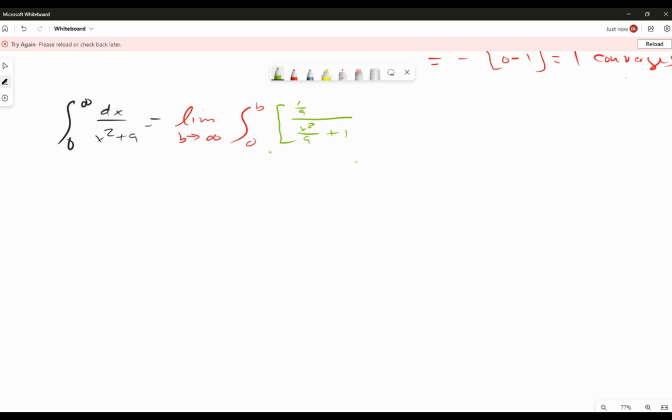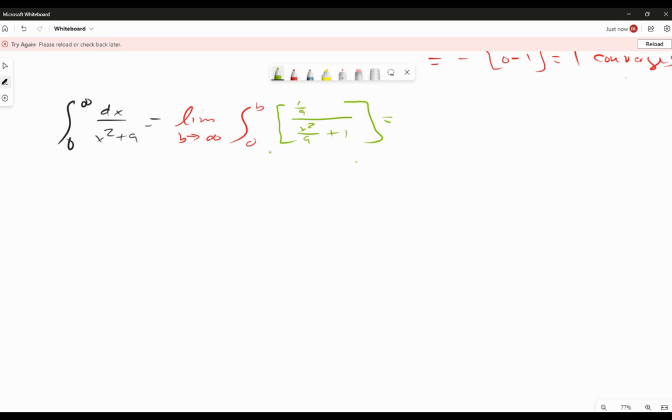So you guys are probably like, what the heck just happened? We have to rearrange this so we can get it to where we can get the tangent inverse. Okay.